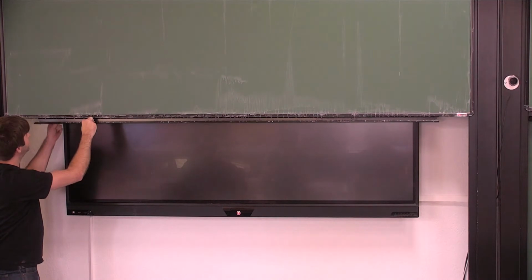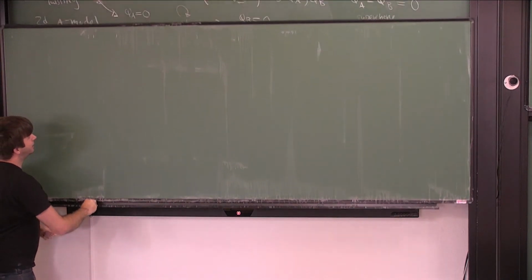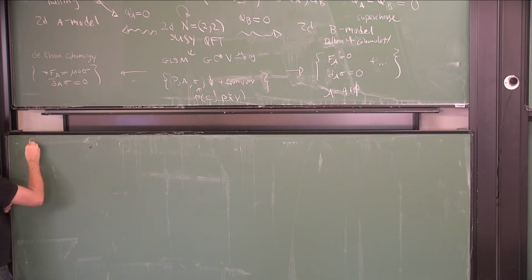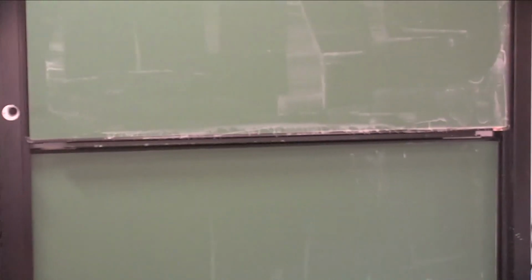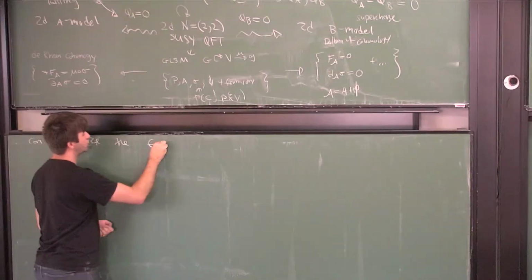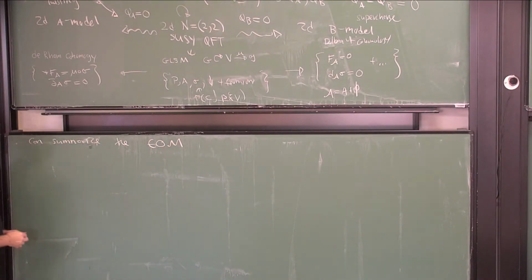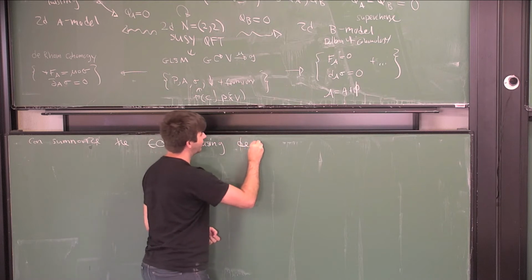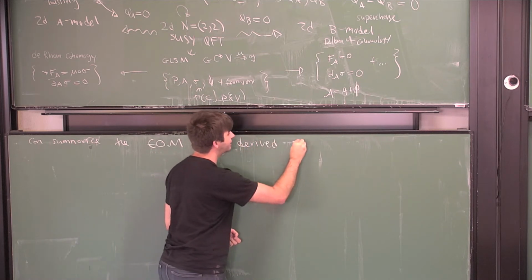That was actually going to be the very next thing I said. So you can summarize the equations of motion in these two field theories in the following derived stacks. I'm not exactly going to explain what a derived stack is, ever.